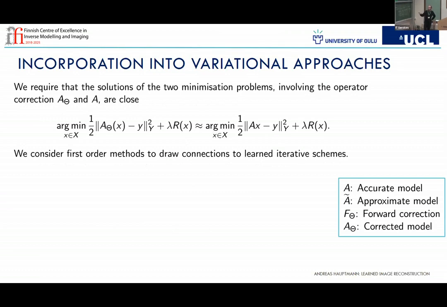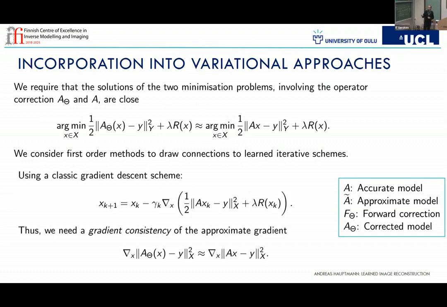And to draw connections to the learned iterative schemes, we now concentrate just on gradient descent methods. That means we need to compute the gradient of our penalty functional, and we would need the gradients to be similar. In this basic framework, ideally the gradients would coincide.